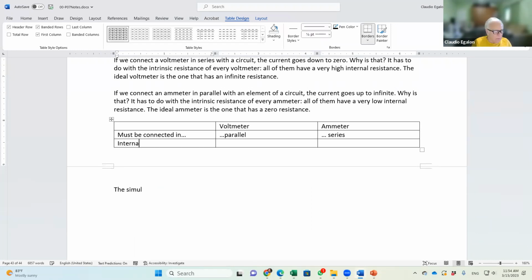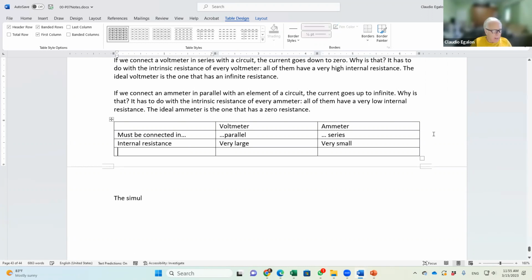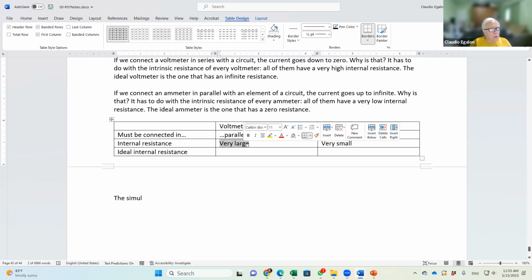Internal resistance: very large for the voltmeter, almost zero, very small for the ammeter, okay? When I say very large, I mean very large compared to the resistance in the circuit that you are using.